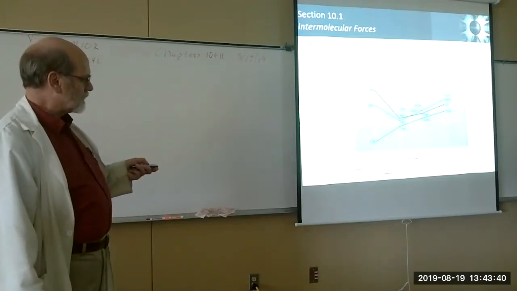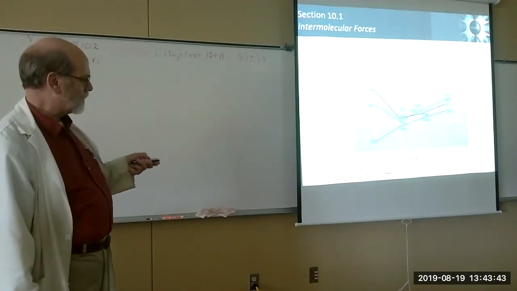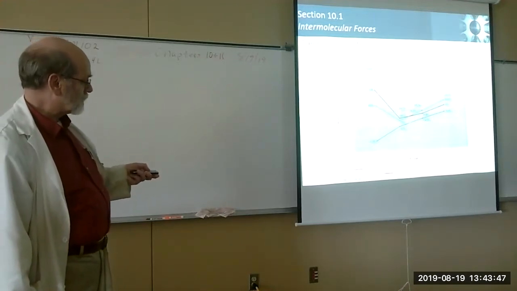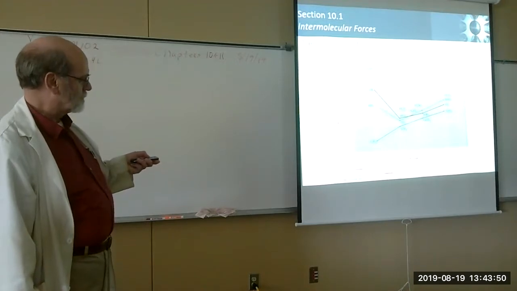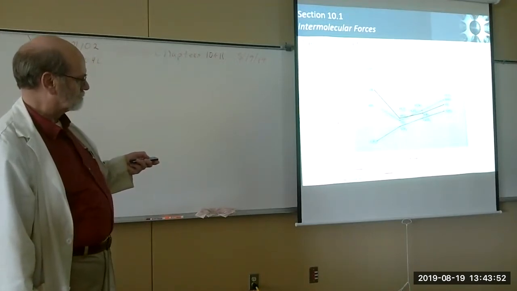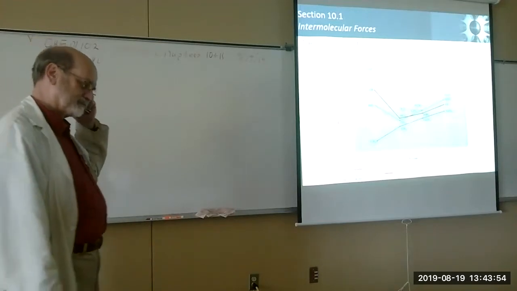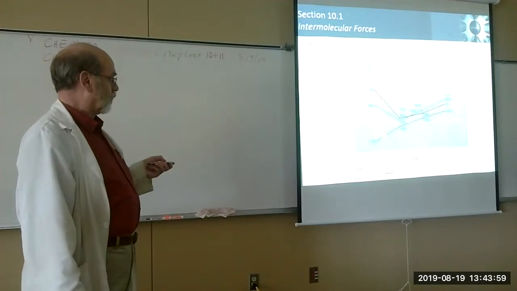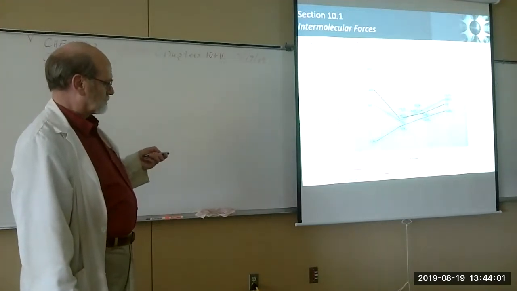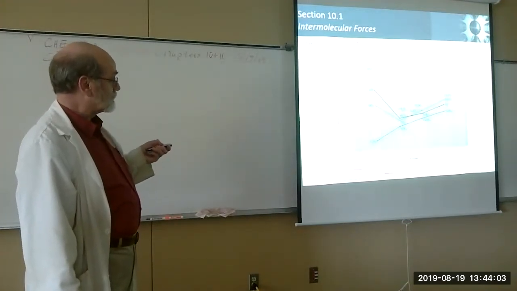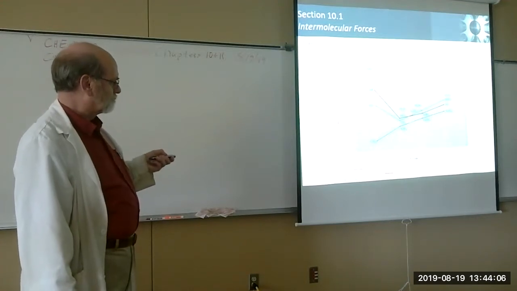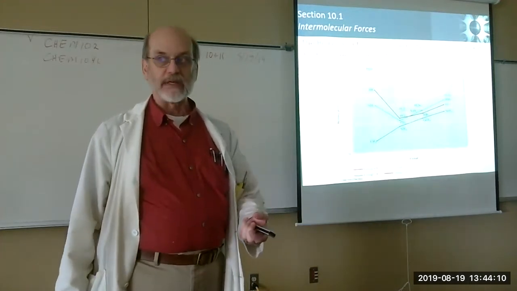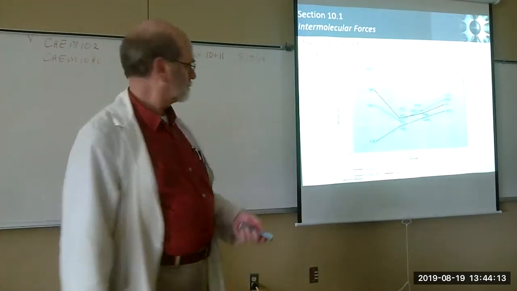Now the trend is okay through the third, fourth, and fifth periods, all the way up. The problem is when you get to the second period, other intermolecular forces come into play. What you're seeing is hydrogen bonding kicking in.